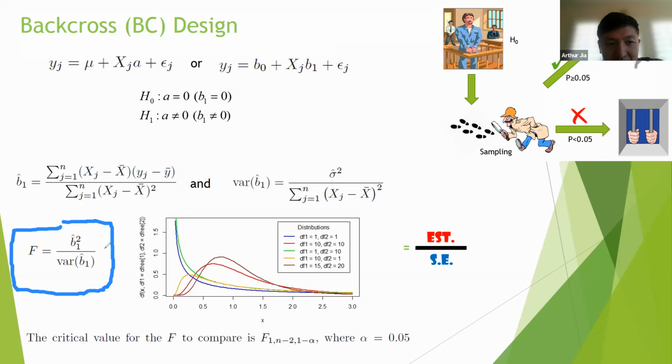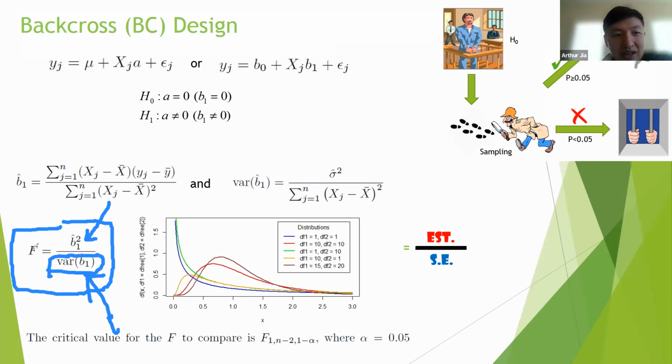We construct a ratio. See, we got this ratio again, right? This ratio looks very similar to the ratio I just showed you, the signal versus noise ratio. So the numerator is actually the signal. The signal means the estimated slope or the estimated additive effects from your backcross design data. And the denominator is something like the background noise. So we want to estimate the variance of this estimation.